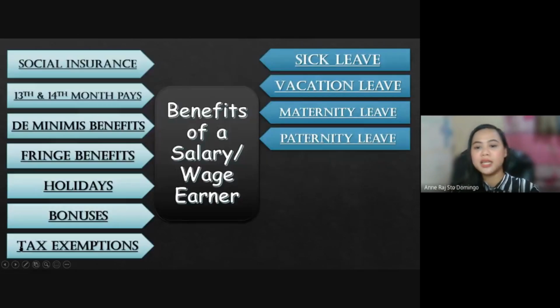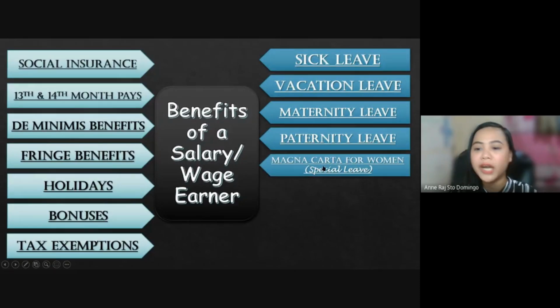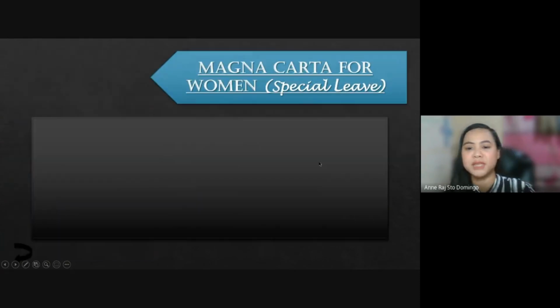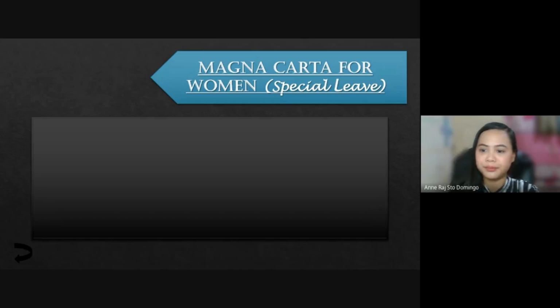After ng paternity leave, meron tayong Magna Carta for Women Special Leave. Ano kaya tong Magna Carta na to? Anyone who has an idea? Yes, Rhea?